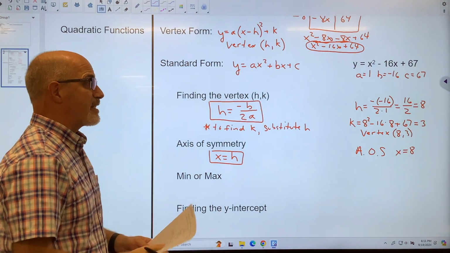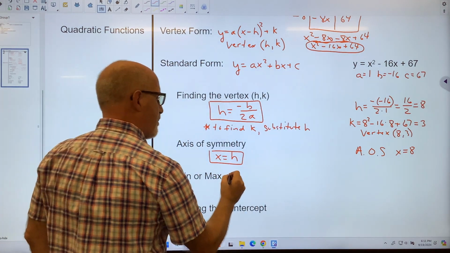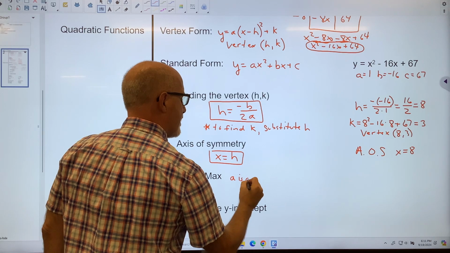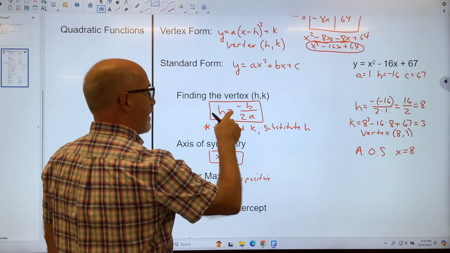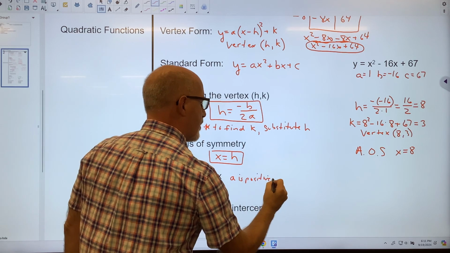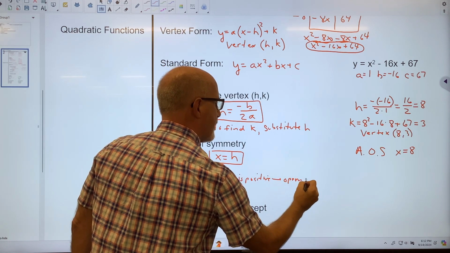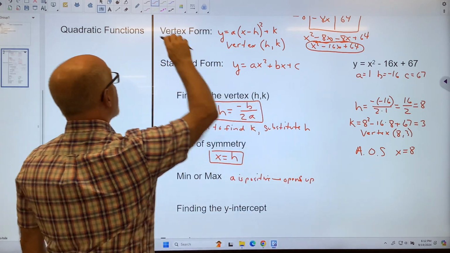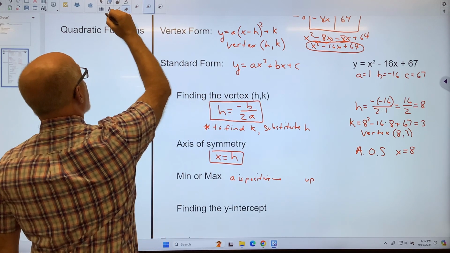Now min or max. This thing opens up because it's a positive. So just a reminder, when a is positive, so we have a is positive in this equation, it opens up. So when it opens up, that means we're going to have a minimum value.